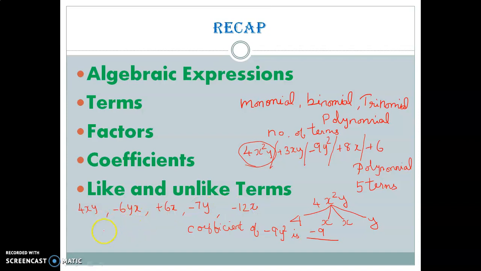How can it be listed or grouped into like terms? This 4xy and minus 6yx both are like terms. 6x and minus 12x are like terms. They have same variables and the powers for that variable are also same. Here this minus 7y has no collection. Hope you understood all these things.